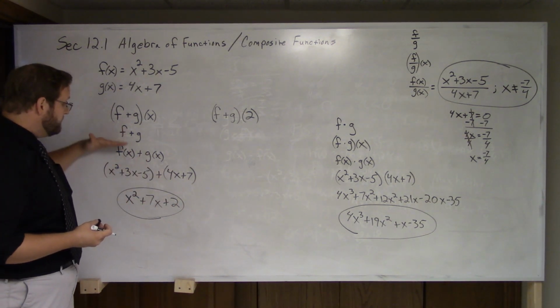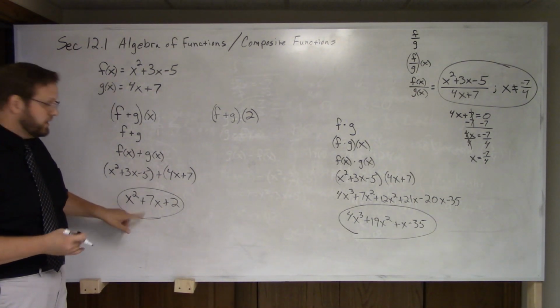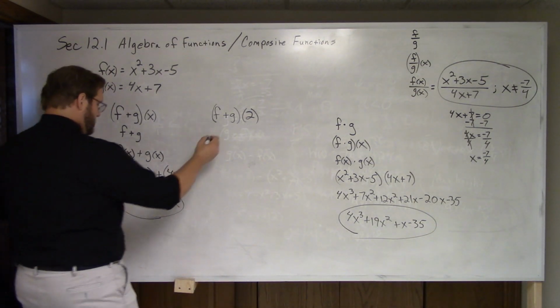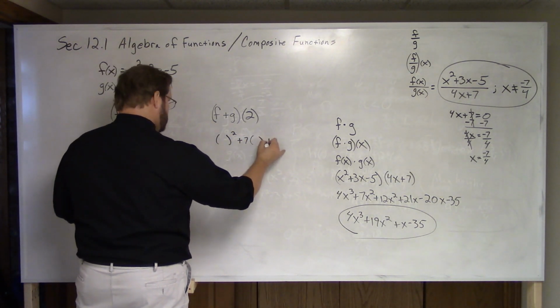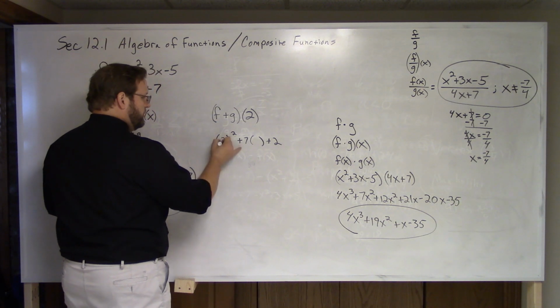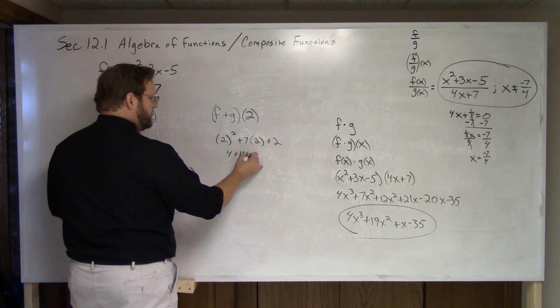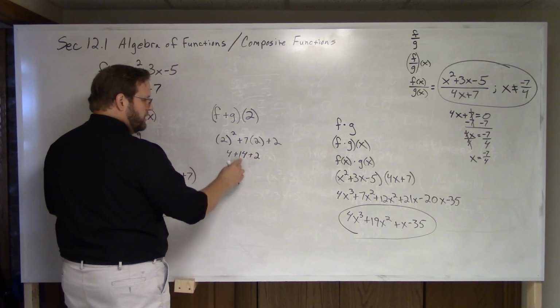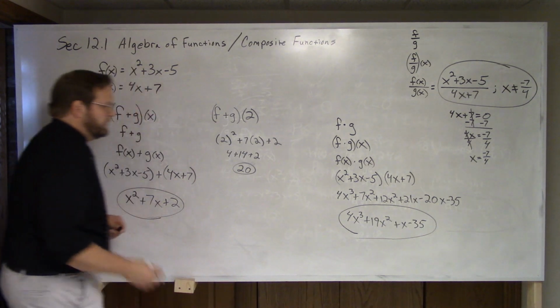Or if you have this algebra worked out already, you can just jump into this. So what we could do is simply take x squared plus 7x plus 2, plug in those 2's to get a 4 plus 14 plus 2, which is 18 plus 2, or 20.